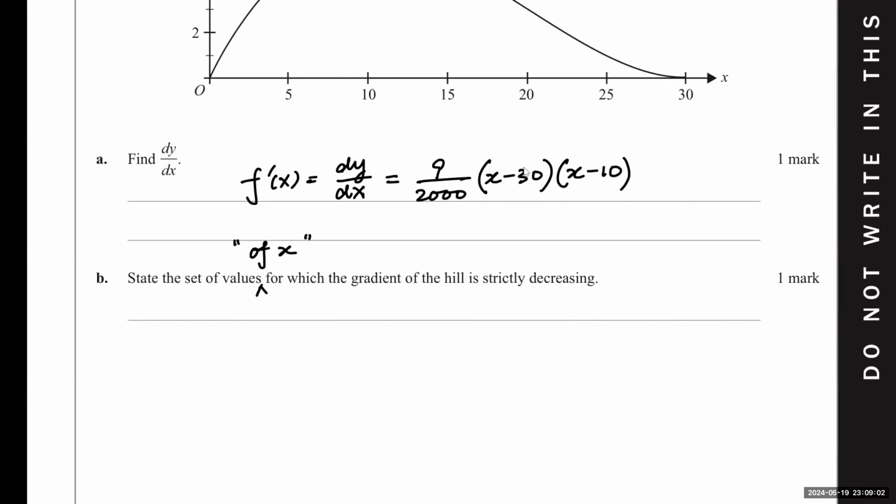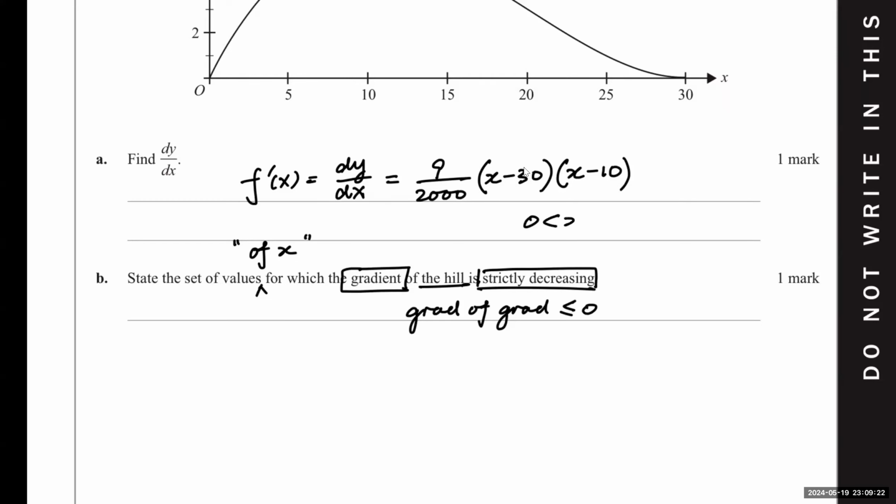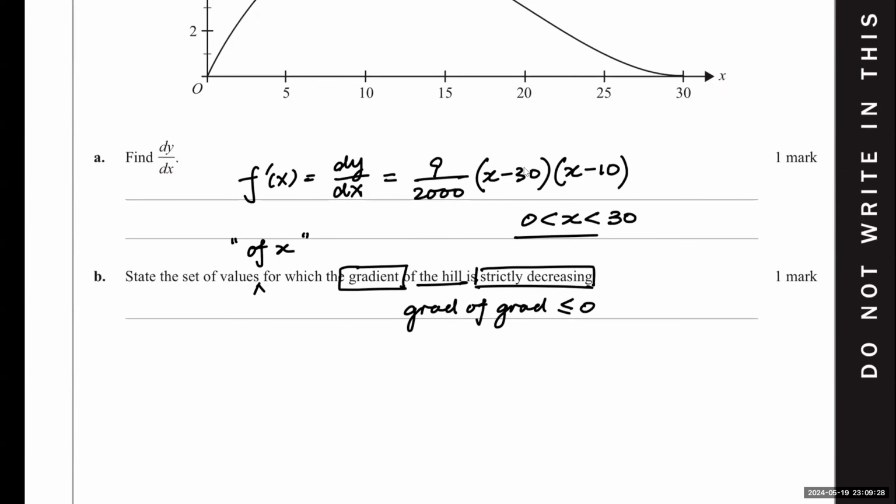This was the intention. And I would like the gradient of the hill to be strictly decreasing. So for strictly decreasing, we would like the gradient of the gradient less than or equal to 0, while the overall restricted domain for the gradient is from 0 to 30, okay?